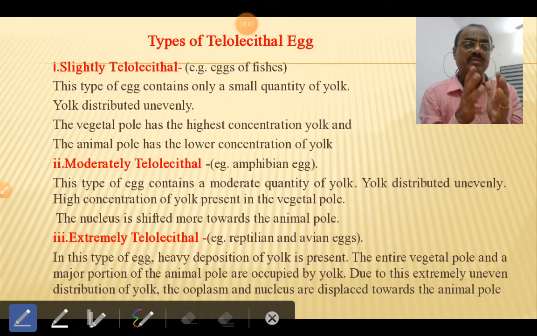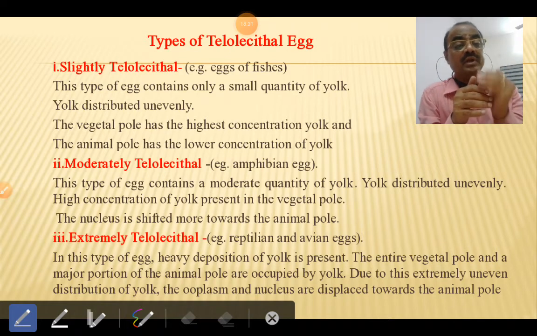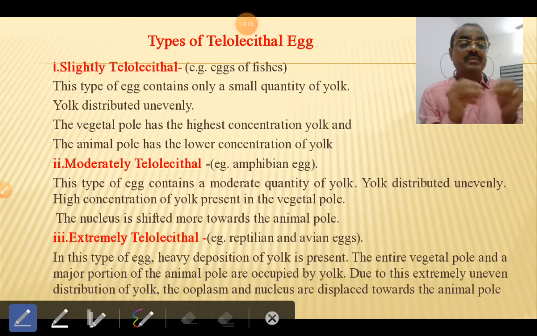Because the quantity of yolk is very large, it covers the entire area of the vegetal pole and also extends up to near the animal pole. Due to the extremely uneven distribution of yolk, the ooplasm and nucleus, which is present at the center, are slightly displaced toward the animal pole.